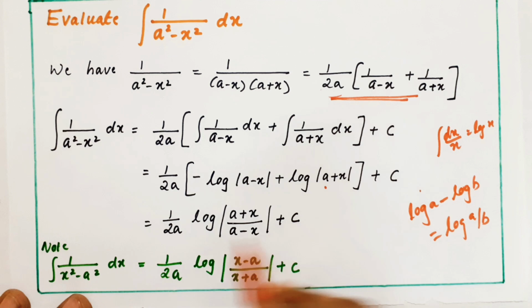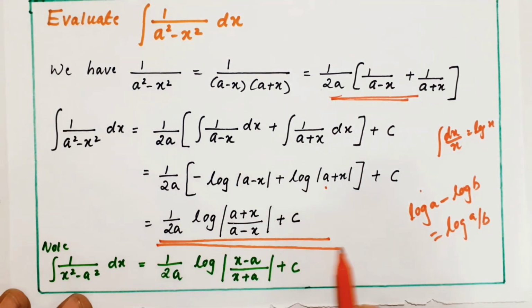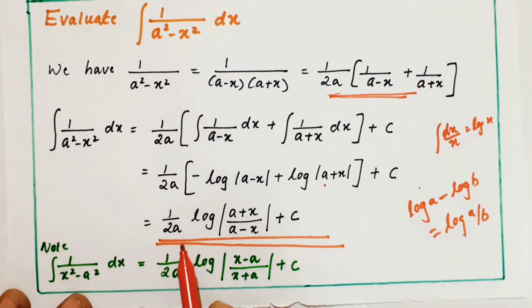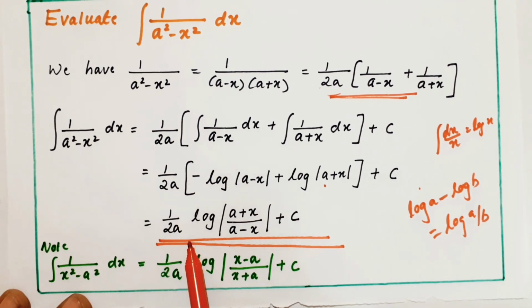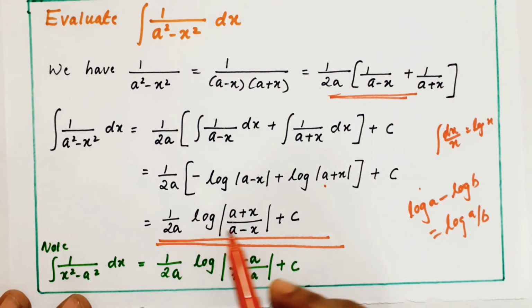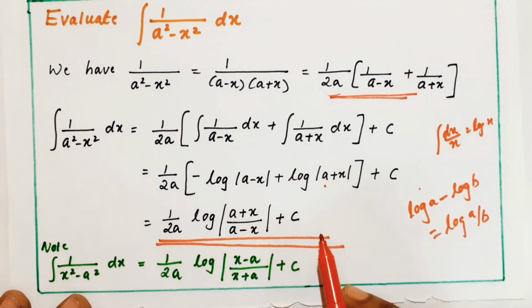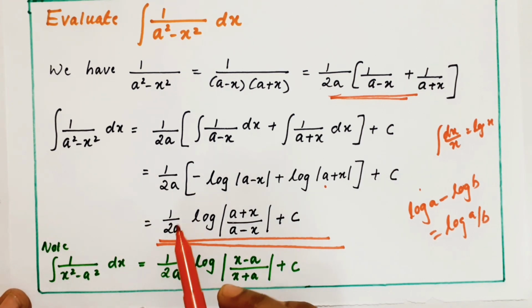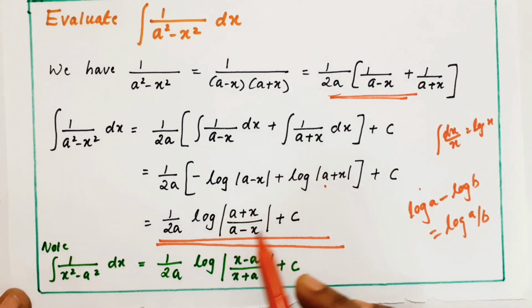So I got the basic result. Integral of 1 by (a² − x²) dx we can write as 1 by 2a log ((a + x) by (a − x)) + c. Very important shortcut result. But if the terms get reversed, that is the integral of 1 by (x² − a²) dx, then the same thing: 1 by 2a, and this term will reverse.